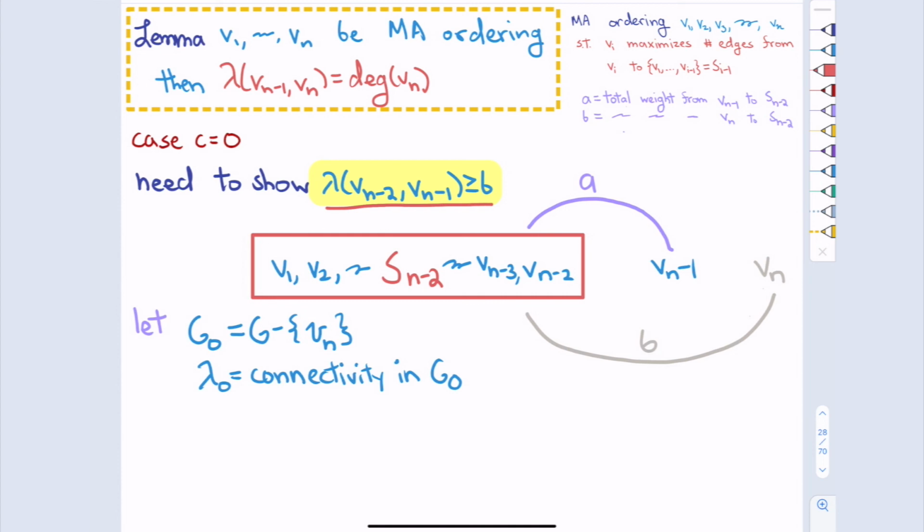I still have a good ordering of the first n minus 1 vertices. So this ordering still gives one of these greedy orderings in a slightly smaller graph.